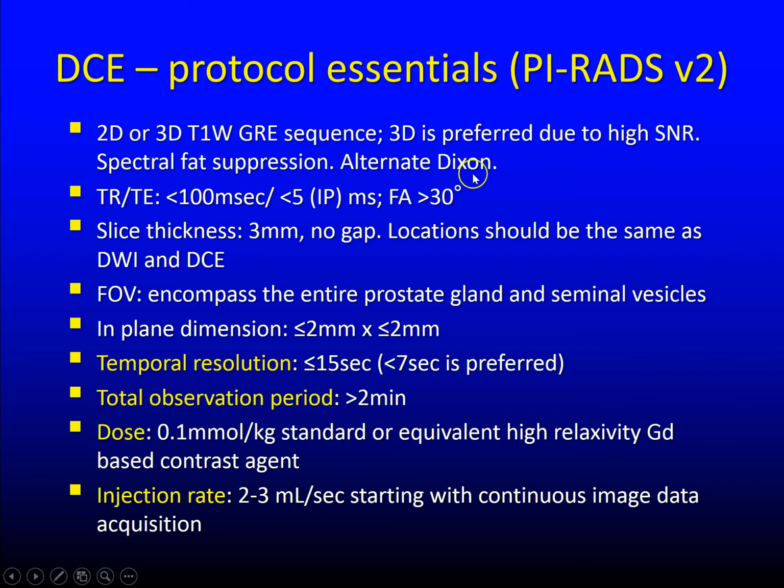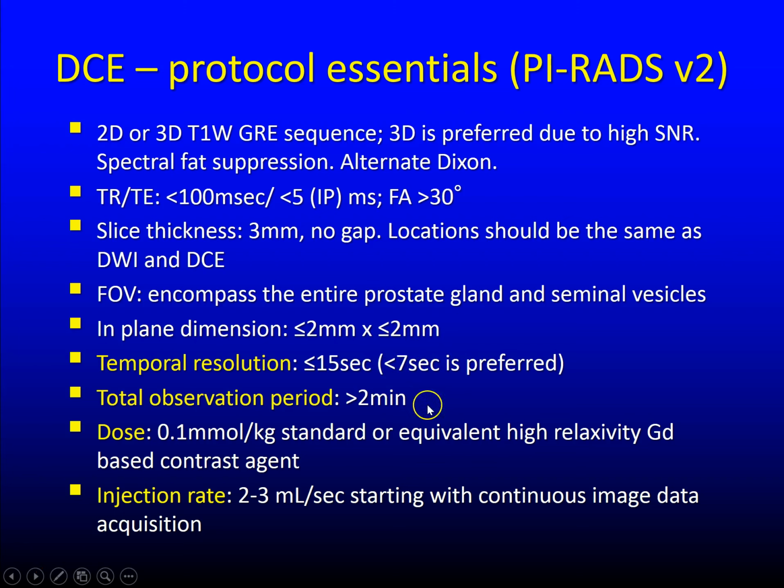You want a T1 sequence, so you want a short echo time, that's in phase, a flip angle that's large, that's to say about 30 degrees or greater, a slice thickness of about 3 millimeters. You want quite fine resolution, 2 millimeters by 2 millimeters, and you want to be able to go fast. Less than 15 seconds is recommended, but most of us do less than 7 to 10 seconds.